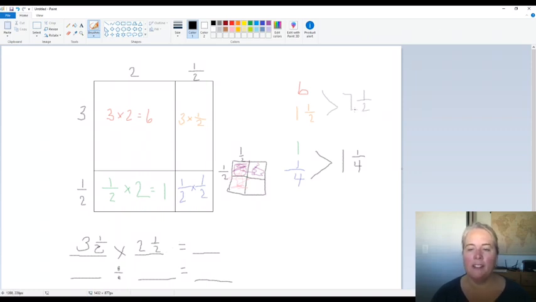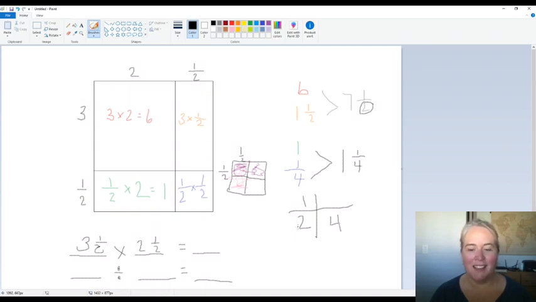So if I have 7.5 plus 1/4, I know that I need to find an equivalent fraction for 1/2 and 1/4. And I know that if I multiply 2 times 2, I get 4. So 4 is a multiple. So I'm going to change 1/2 using a ratio table into 4ths.